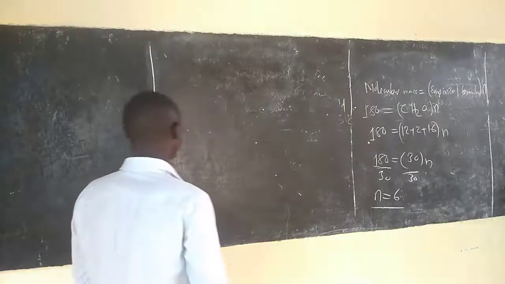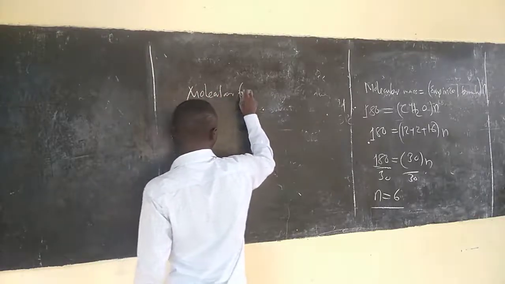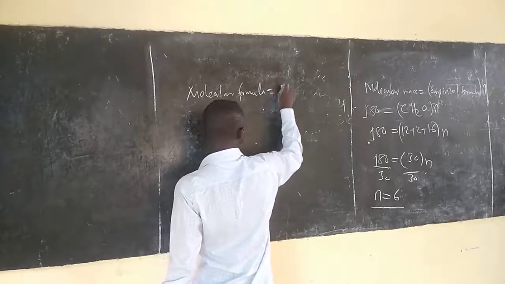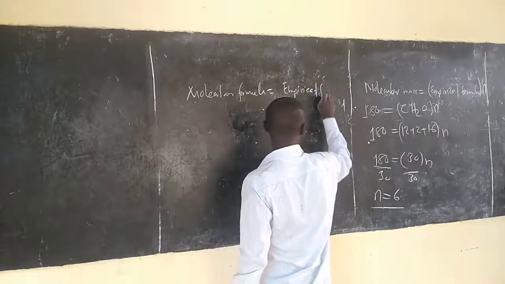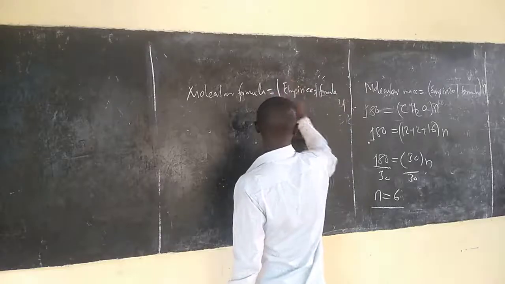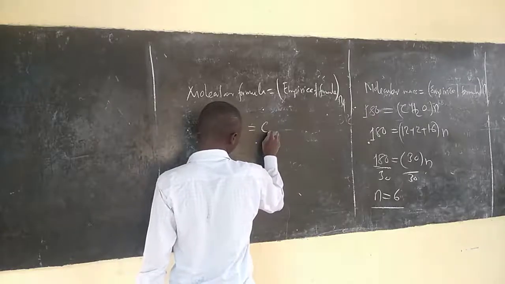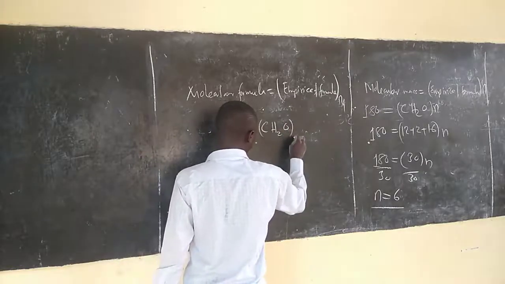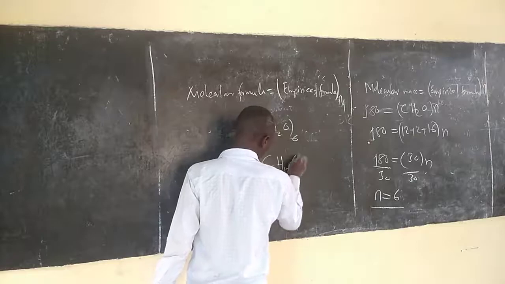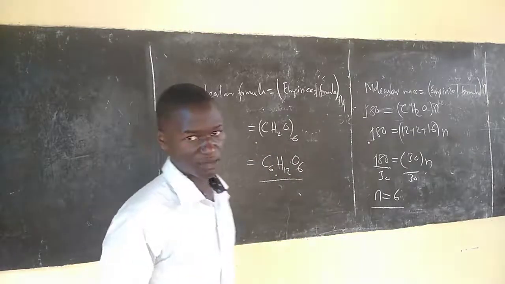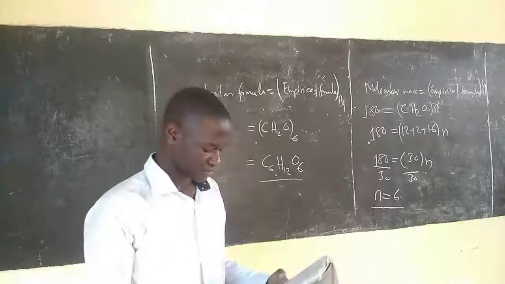Molecular formula is equal to empirical formula times N. So CH2O times 6 will be C6H12O6. So this will be our molecular formula of glucose.